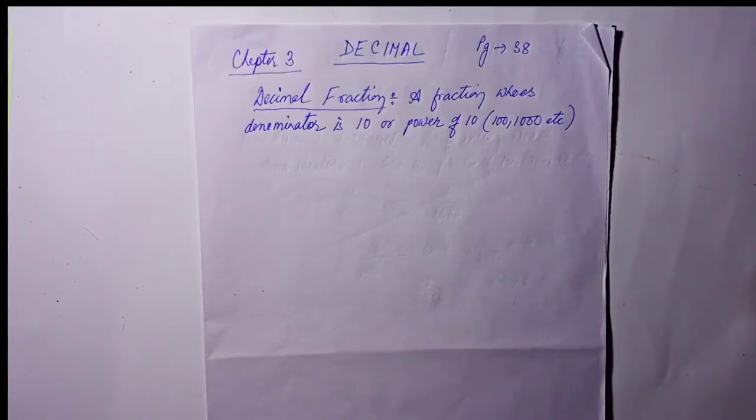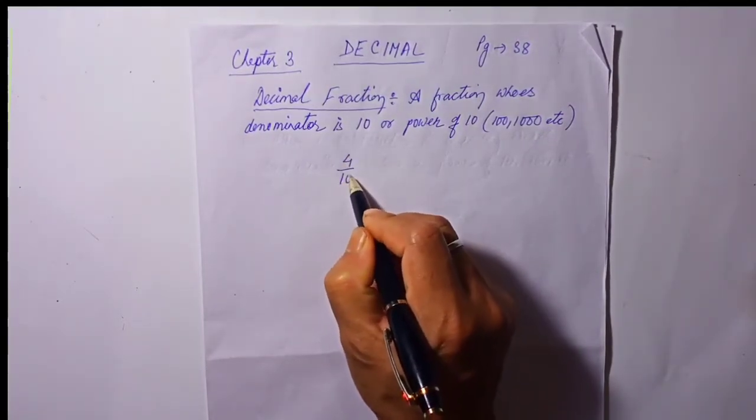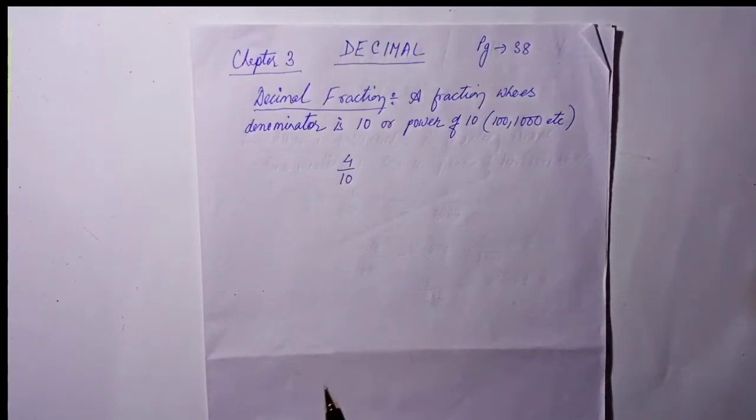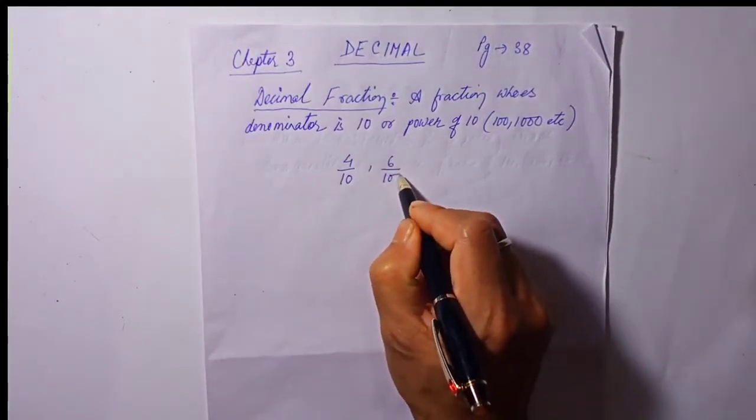Now see, decimal fraction. What is a decimal fraction? By definition, it is a fraction whose denominator is 10 or a power of 10. A power of 10 means it can be 100, 1000, 10,000, etc. Now see, 4 by 10, this number has denominator 10. 6 by 100, we can represent it.